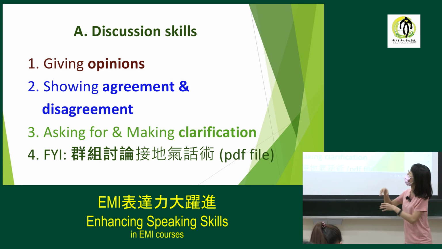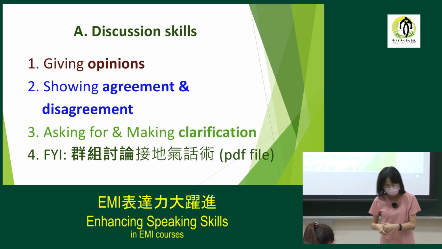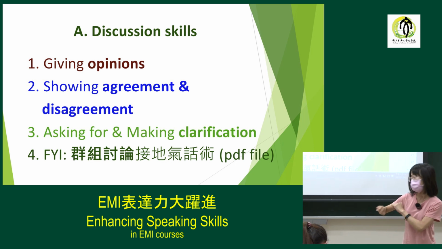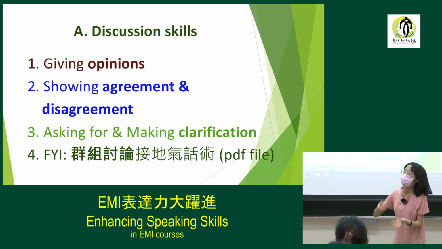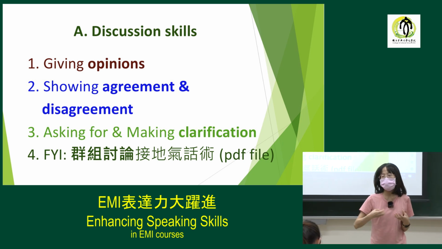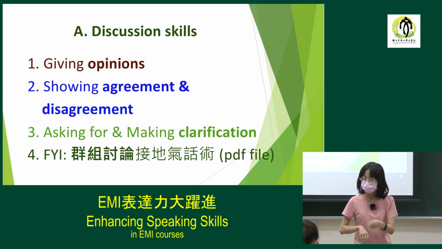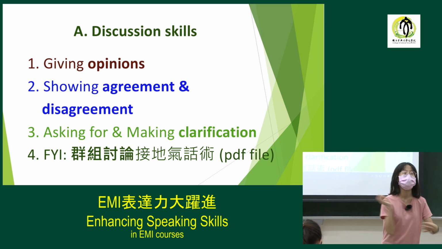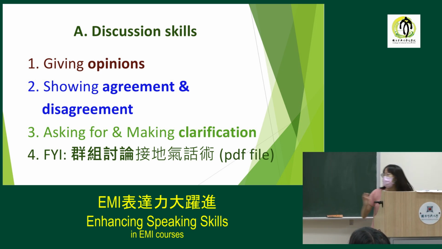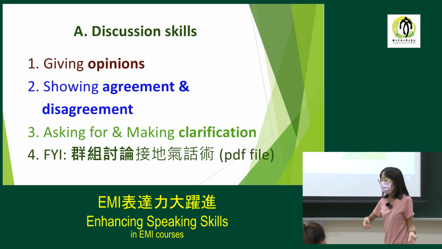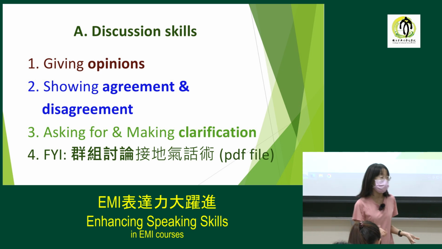And so basically when we are learning discussion or group discussion skill, we divide this into 3 parts. You have to learn how to give opinions. You have to show your agreement. You have to show your disagreement, but of course in a polite way. You don't want to annoy other people, right? And also sometimes if you are not making your points very clear to other participants, you have to clarify your points.